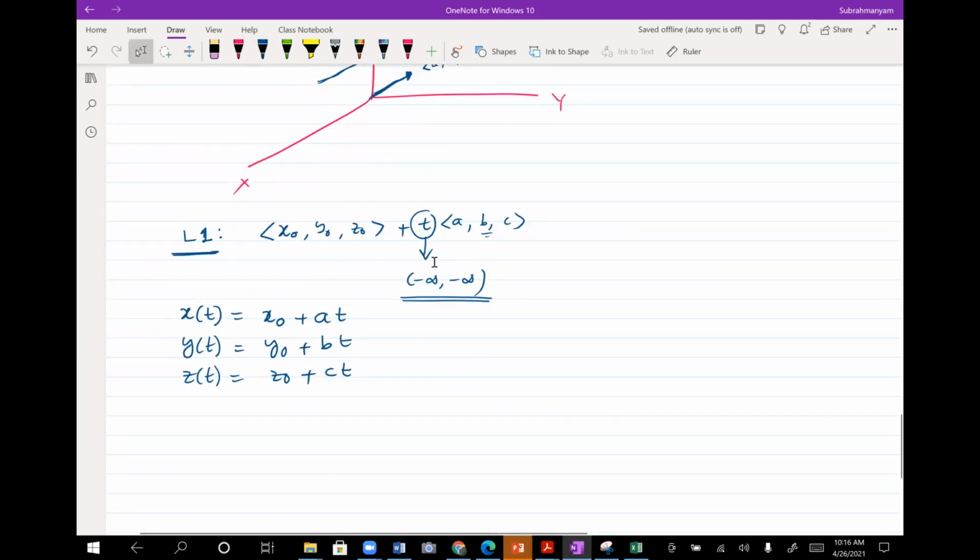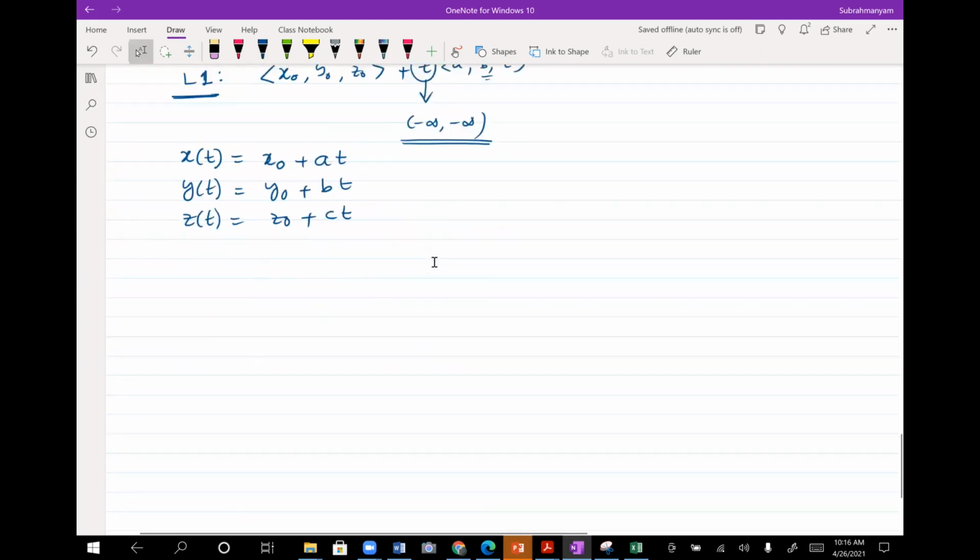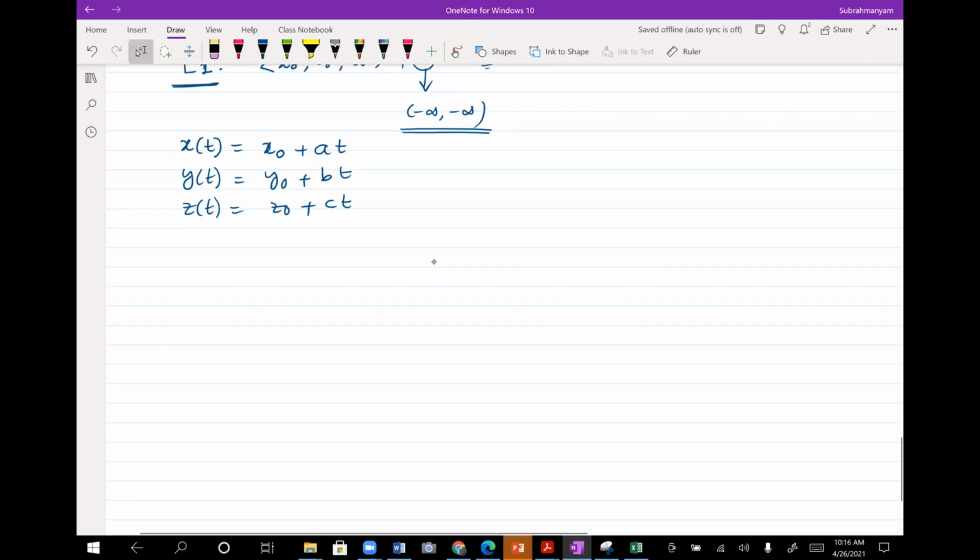Correct? Now, I hope you still remember the expression for this. Assume now this x of t, y of t, and z of t is the 3D point that got projected on a 2D plane, right? And the resulting point be x dash of t comma y dash of t. That's the point I have, from this 3D point to 2D.